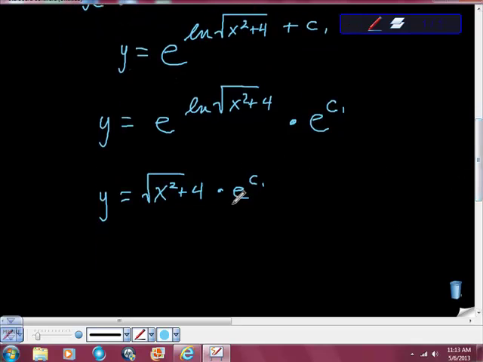But we know e is a number, and c is a constant number, so e to some power is a constant. Remember, we're multiplying, so this is c. So we can say that our general solution is c times the square root of x squared plus 4.